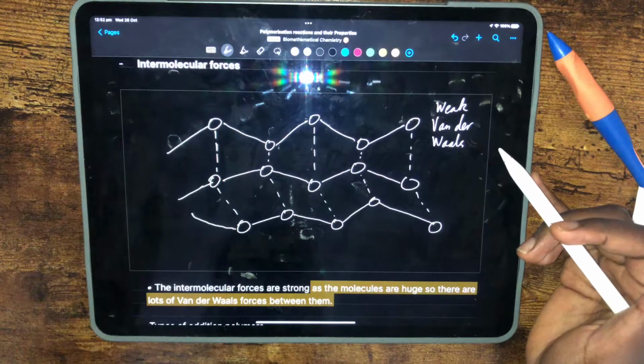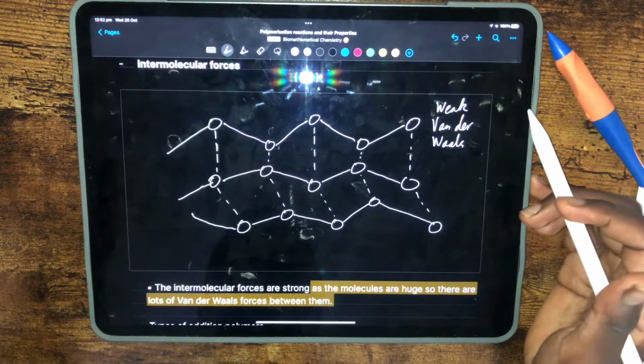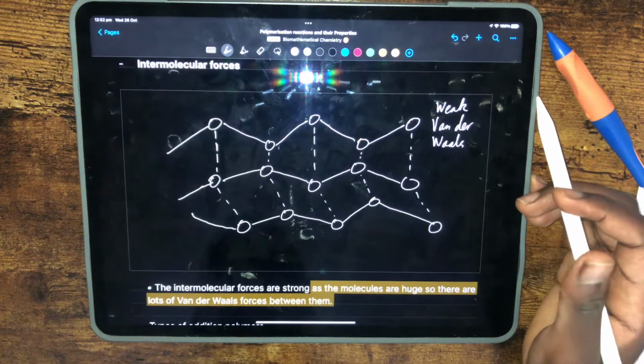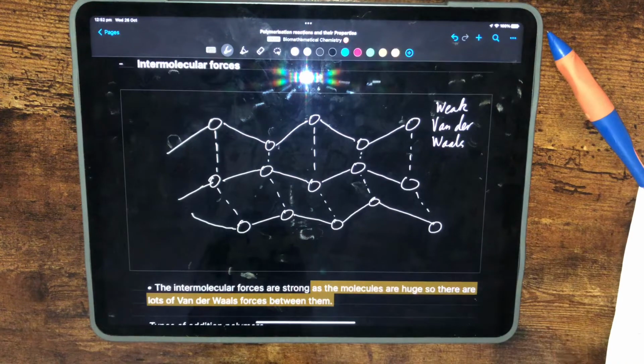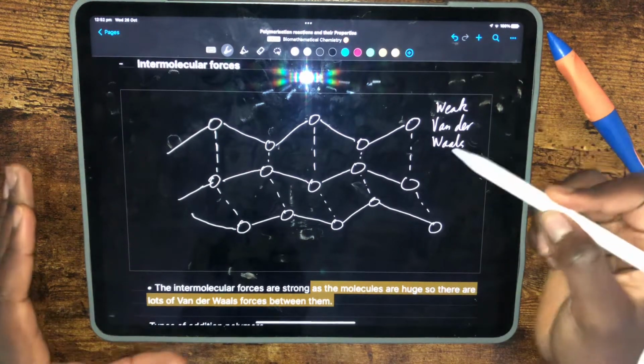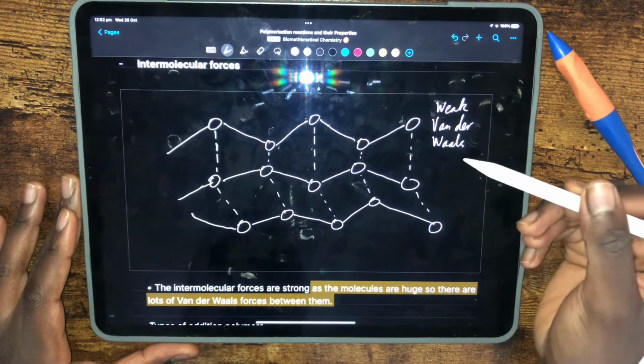A lot of the time they'll give you a question asking why this molecule is stronger than another molecule, or why more energy is required to break this molecule compared to that one. It's because it's a longer molecule, but not just because it's longer. The longer the molecule is, the more of these intermolecular forces will occur. You can't just say it's because one is larger, you won't get the marks.